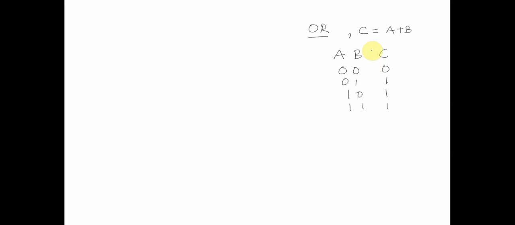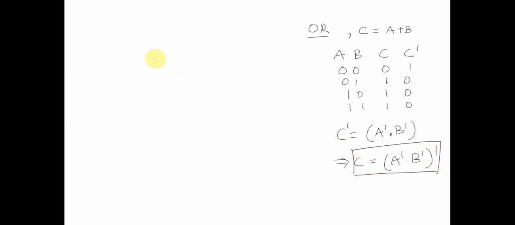Here, we can say C is also equal to, basically, C bar is equal to A bar dot B bar. Because if I take note of this, my C complement here would be 1000. My C bar is equal to A bar into B bar, which implies my C is equal to A bar dot B bar whole bar.